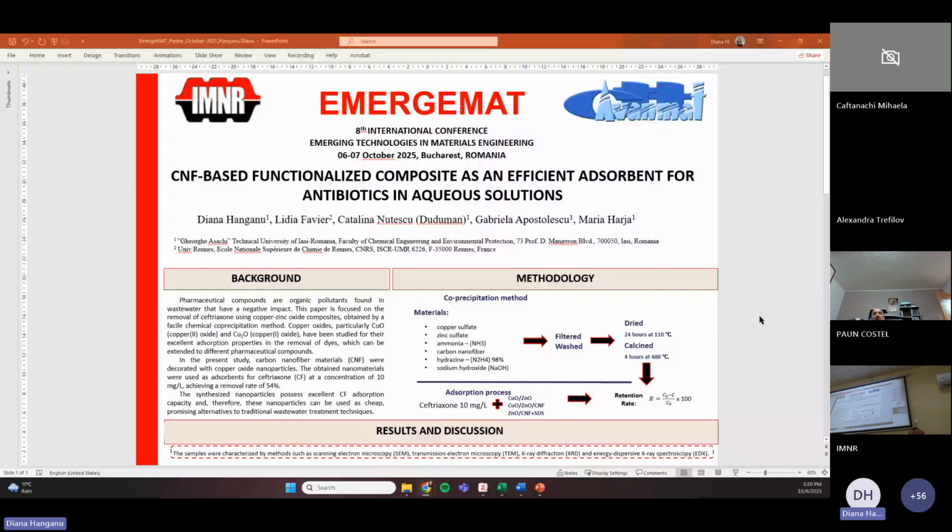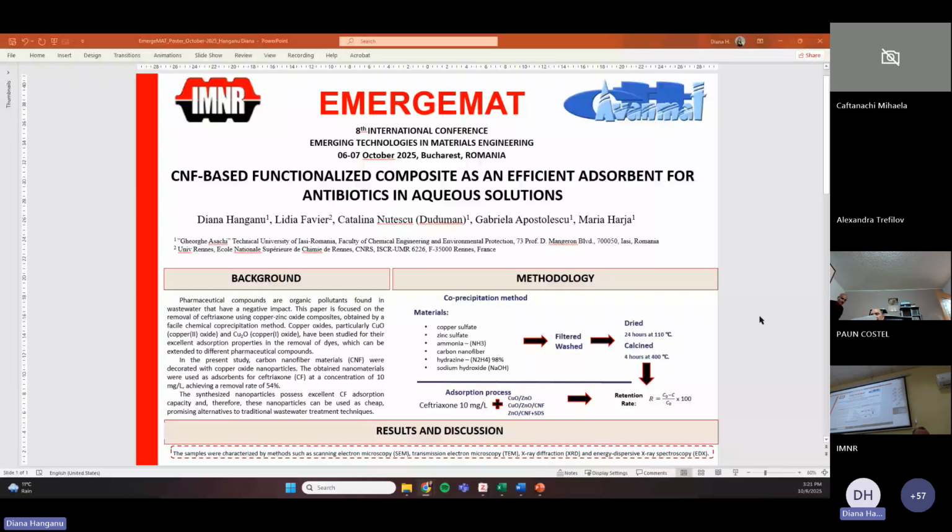In this study, we synthesized a new material, a nanocomposite based on carbon nanofibers with copper oxide and zinc oxide, used as an adsorbent for ceftriaxone, an antibiotic. We chose ceftriaxone because over 90% of it is eliminated unmetabolized from the human body. So we are trying to remove it to eliminate those toxic effects on the environment.